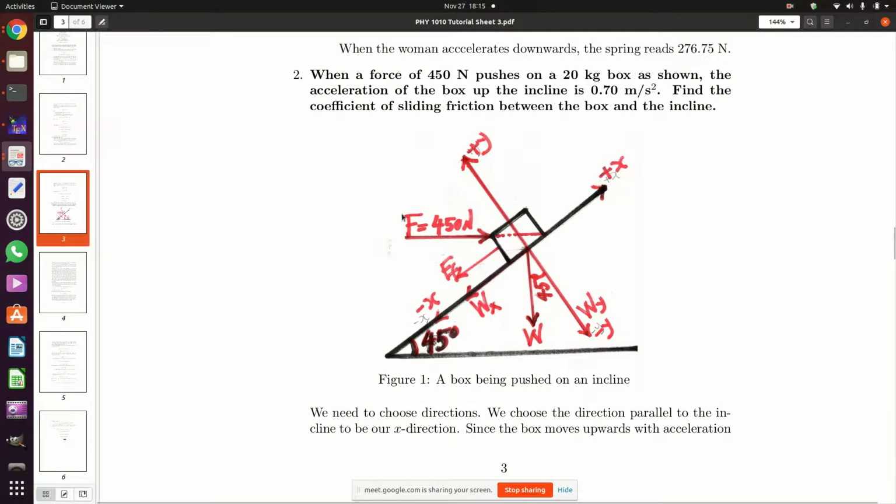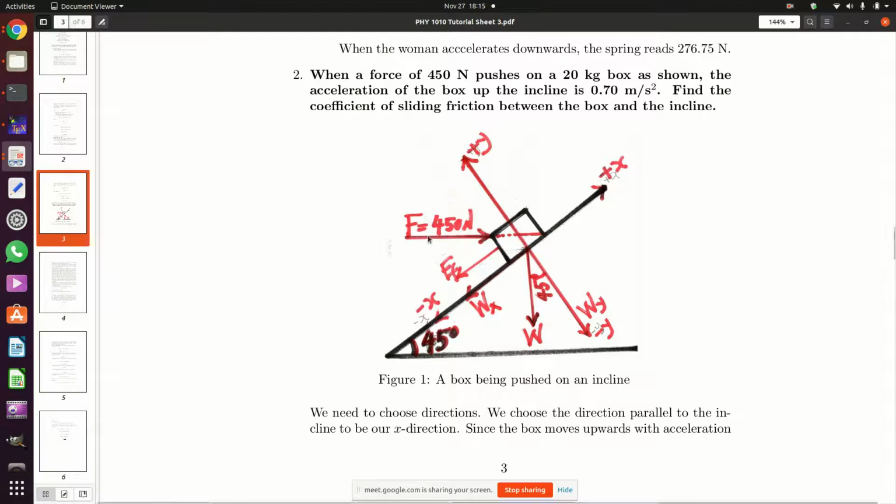There is a part of this force which lies along the positive x-axis, and a part which lies along the negative y-axis. So this 450 Newton force has an x component and a y component.